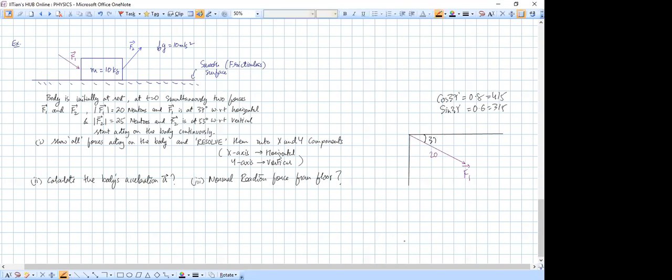And similarly, your force F2 in the same diagram, if you draw F2, it would look like this. Its angle with the horizontal is 53 degrees, and its magnitude is 25.